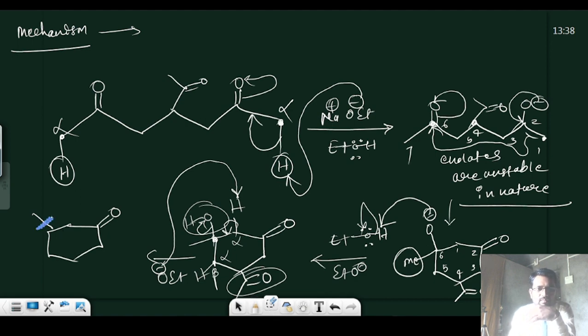Okay, so one ketone group is present over here. So the base abstracted from this type of proton. Now this is our final product. So this is our major product. So this is our final product of this particular reaction.